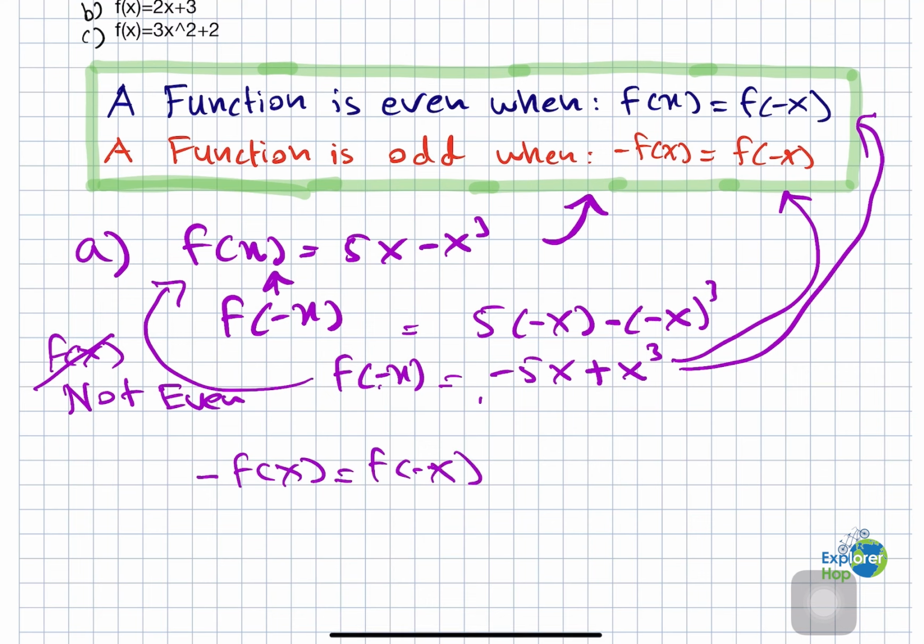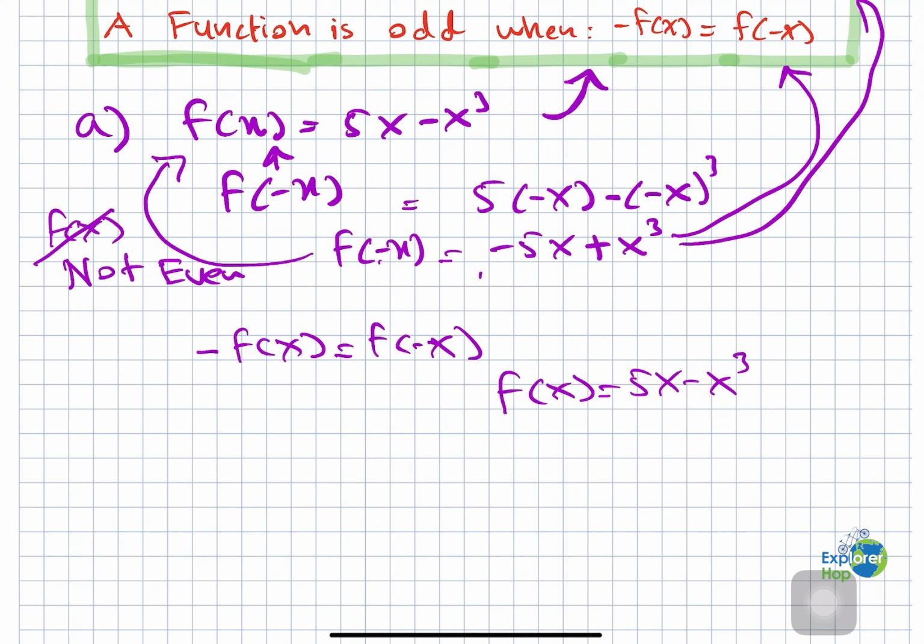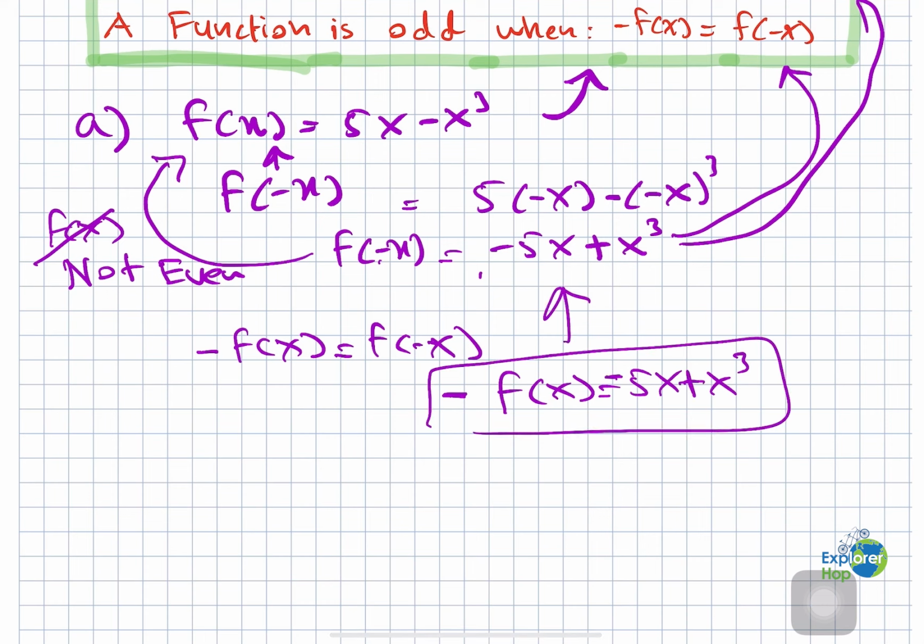So if you have a function f of x, 5x minus x cubed, and if you place a negative sign in front of it, this will become a negative and this will become positive. So these two are equal, which means our function is odd.